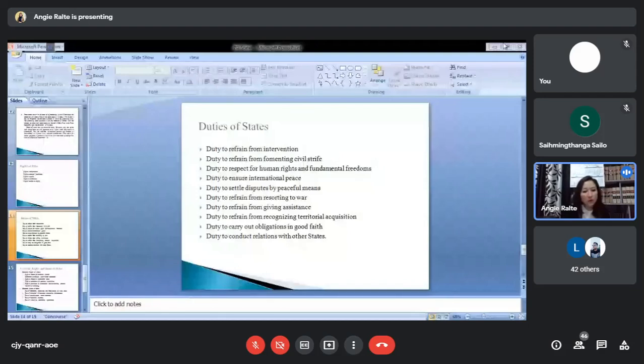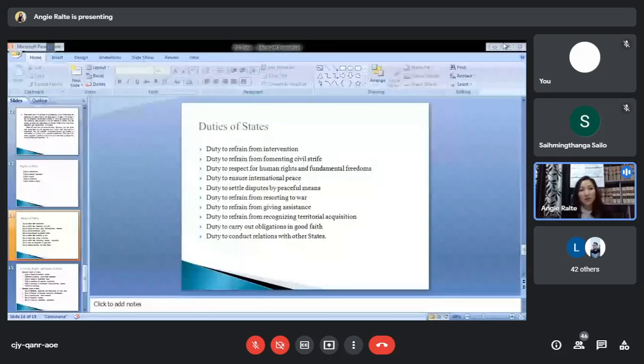Obligations in good relations with other states: every state has the duty to carry out in good faith its obligations arising from treaties and other sources of international law.